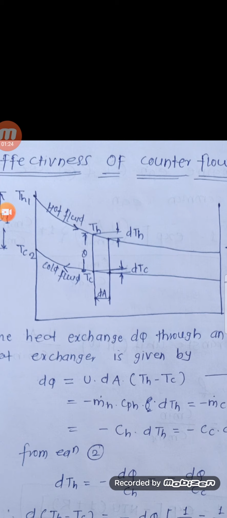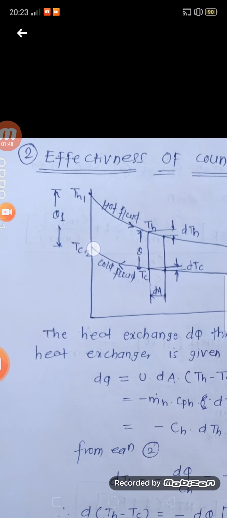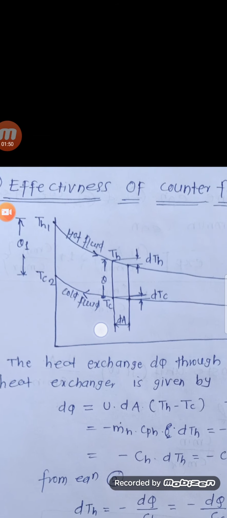Hot fluid is flowing from this direction to this direction, and cold fluid is flowing in the opposite direction. The inlet temperature of the hot fluid is TH1 and the outlet temperature of the hot fluid is TH2. Similarly, the inlet temperature of the cold fluid is TC1 and the outlet temperature of the cold fluid is TC2.